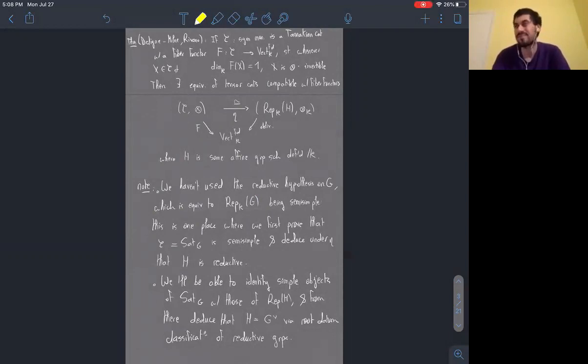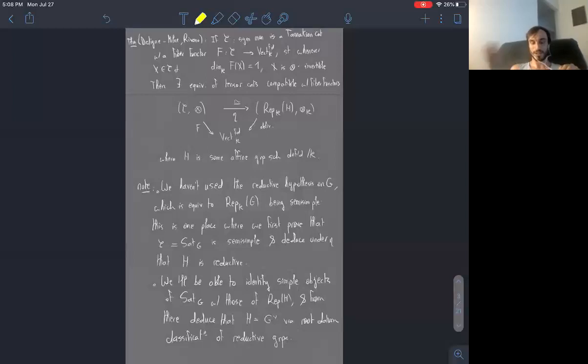But there's real work that's done. The Tannakian formalism is a theorem for this reason. There are many things being said there: it's an algebraic group, an affine algebraic group. But it's not immediate that this is obviously an affine algebraic group.